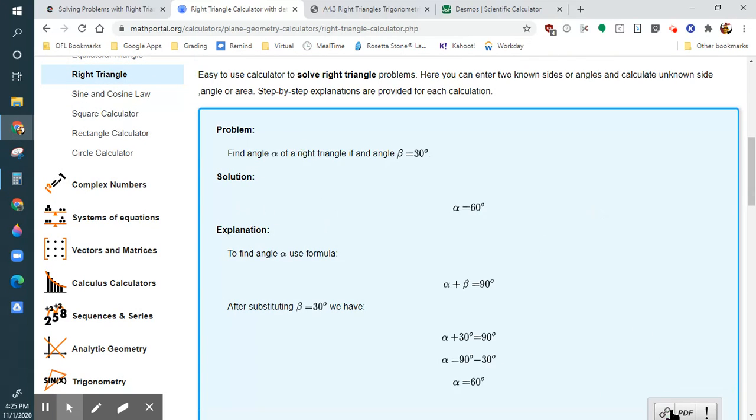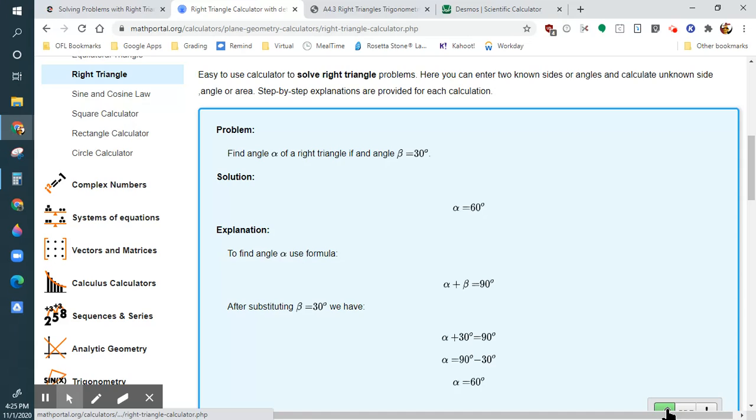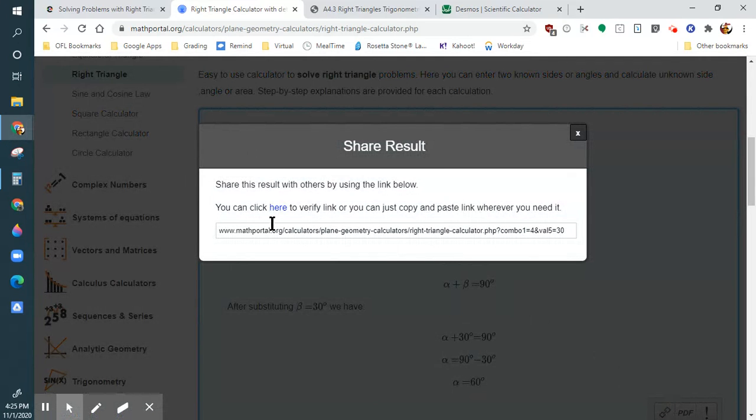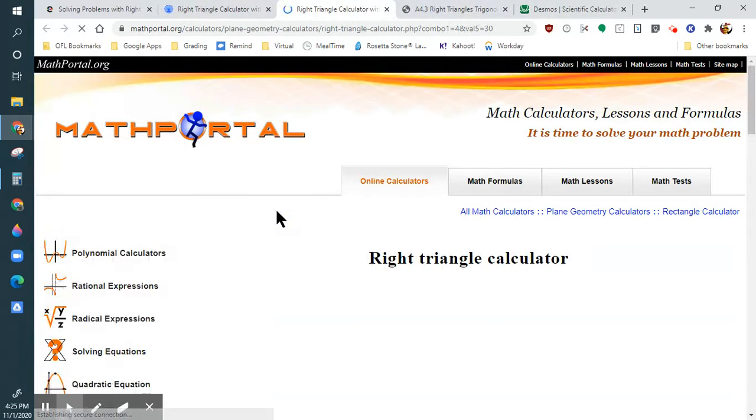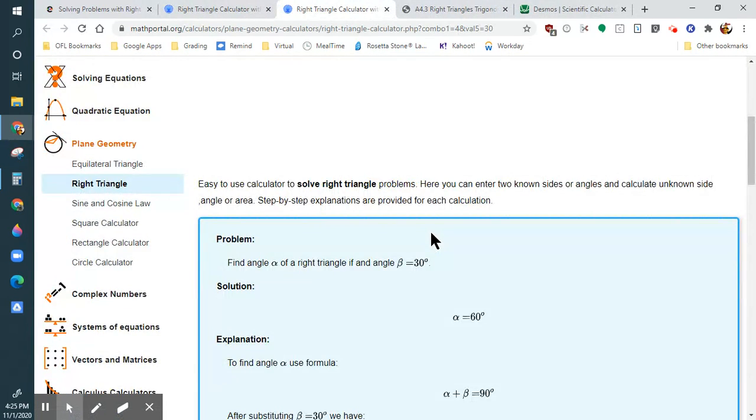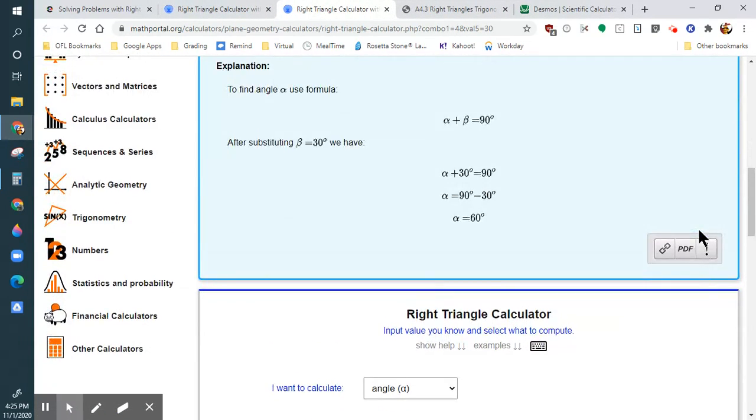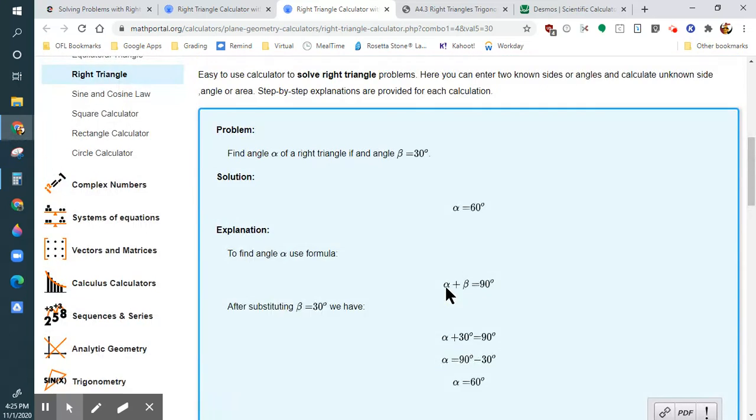Oh, one thing you can do is you can link this. You can grab a link, click here to verify, copy and paste it. Not sure what that does. But there's a few things you can do. You can screenshot it. I use the snipping tool.